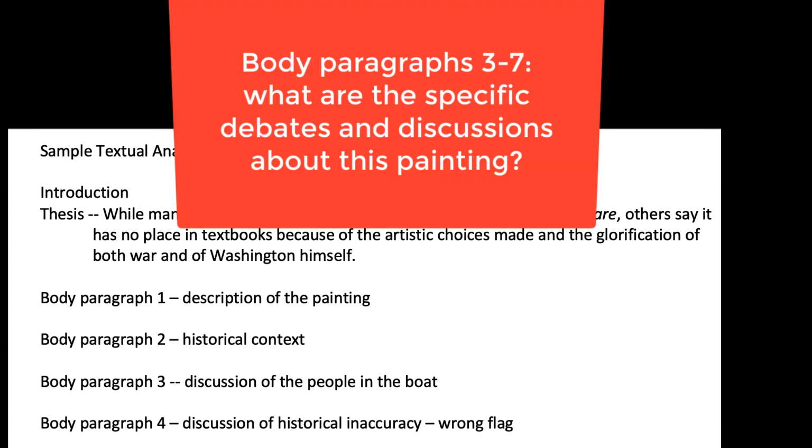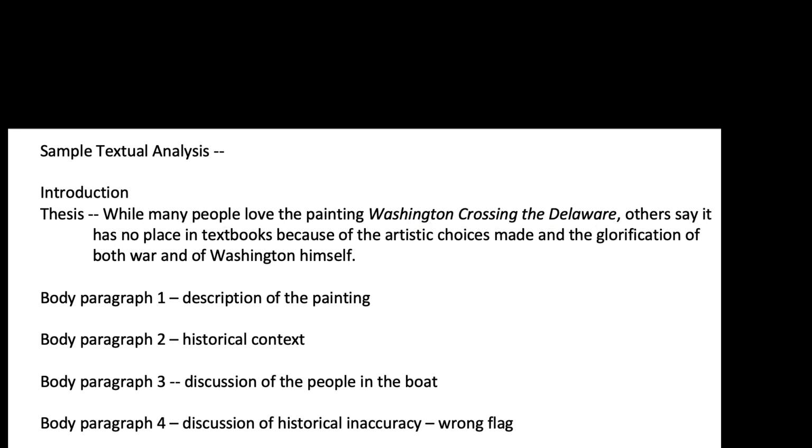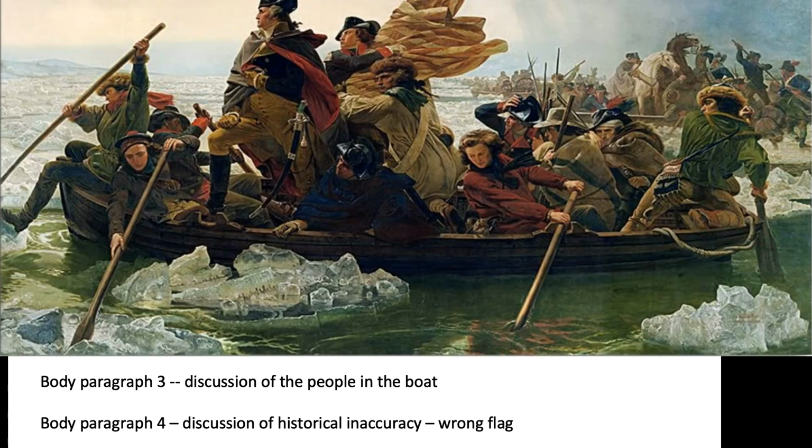Then from there we go into the body paragraphs that look at essentially what's wrong with the painting. What are the debates and the discussions? First one, talking about the people in the boat. The argument here is that there's a wide variety of people in the boat, and Washington was the most important general in the Revolutionary Army.